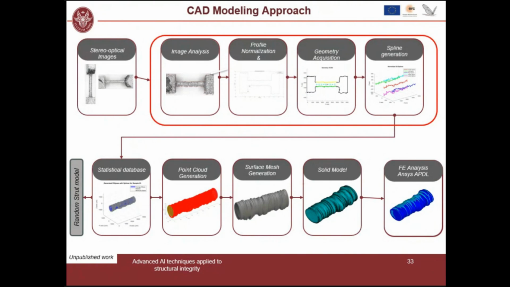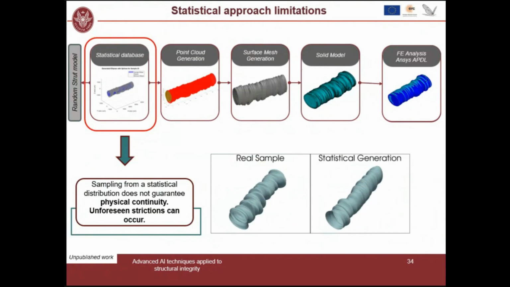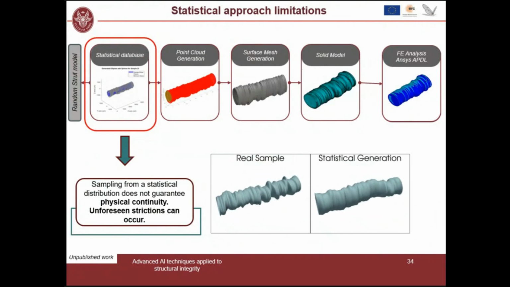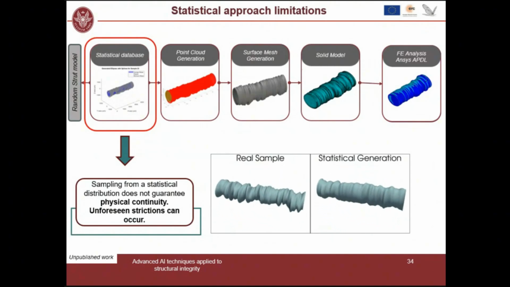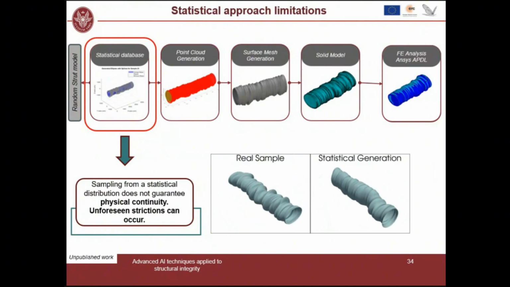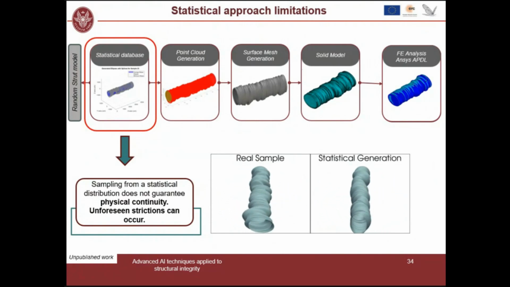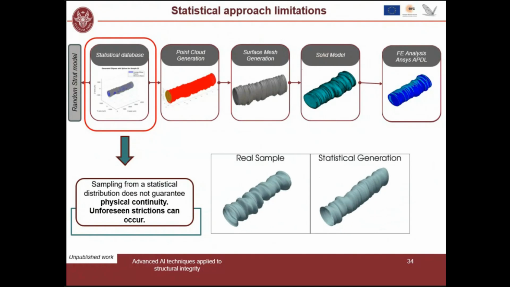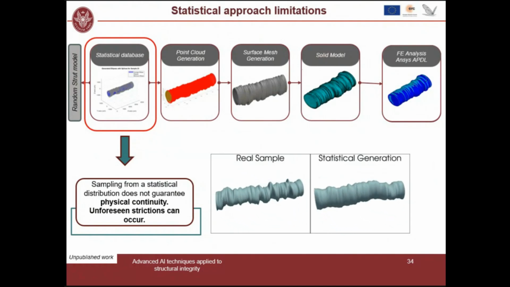But the statistical database was a problem, because if we use a standard random generation, maybe we see that the distribution of the semi-axes and of the centroids adheres to a Gaussian distribution. So we could think about sampling from those distributions. If we reconstruct a strut with this logic, you can see that the reconstructed strut isn't really similar to the real one.